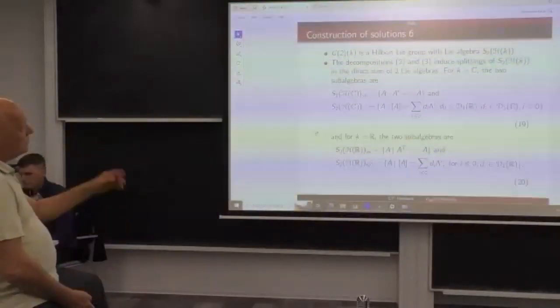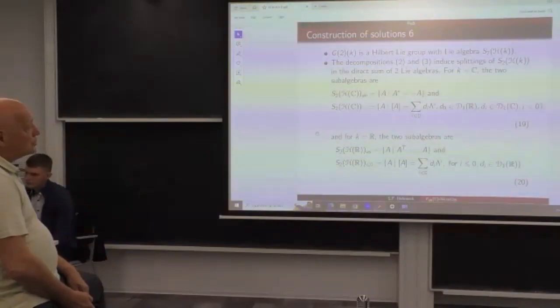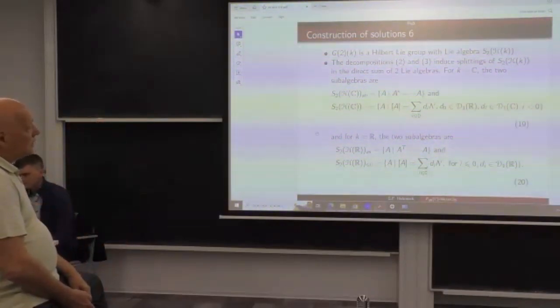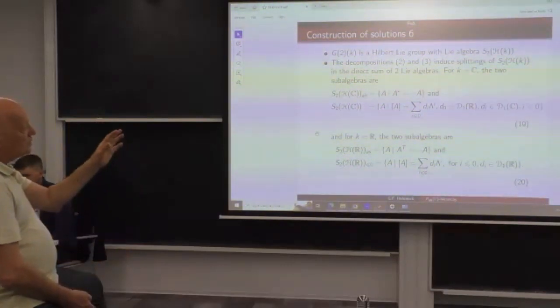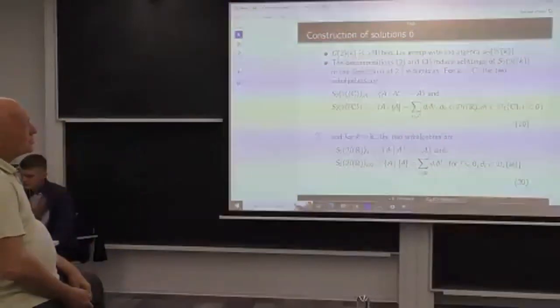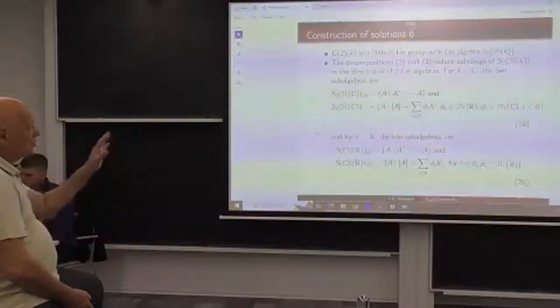And the decompositions that we saw at the beginning of the talk, in the pseudo difference operators, induce splittings of the Hilbert-Schmidt operators.